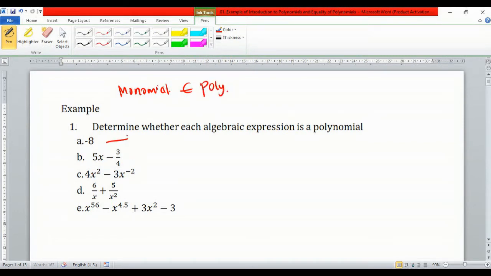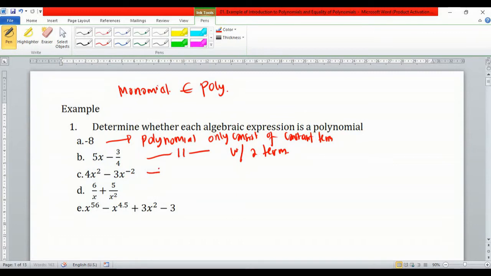So we can say this one is a polynomial, but it just has minus x, so it only consists of a single term. How about number b? Number b has 5x minus 3 over 4. They are real numbers, so this one is a polynomial with two terms.